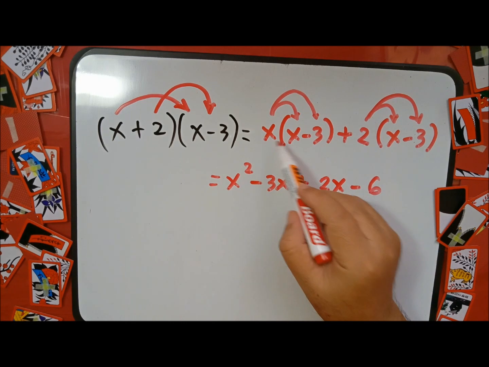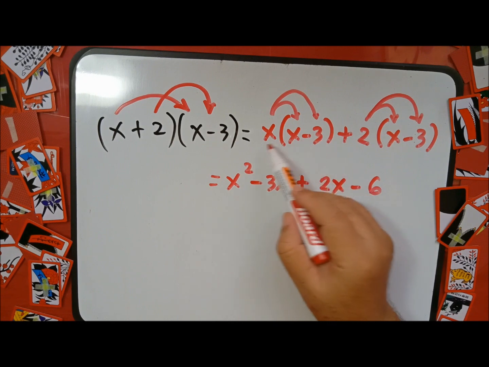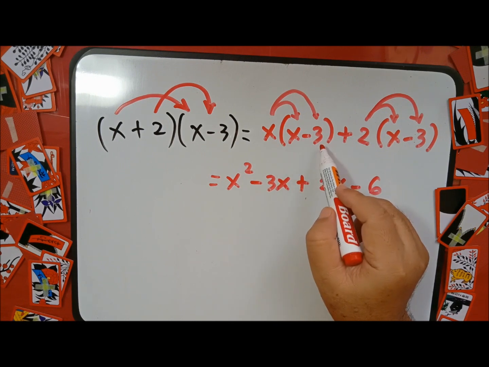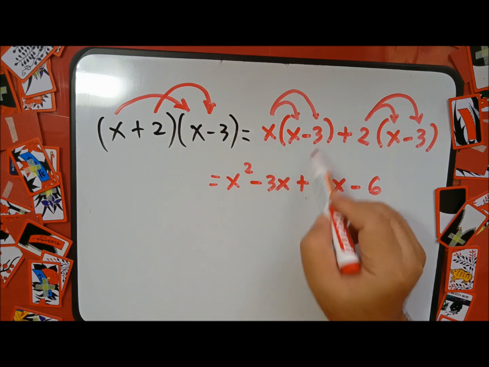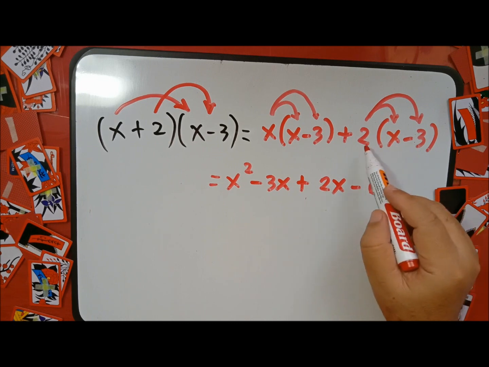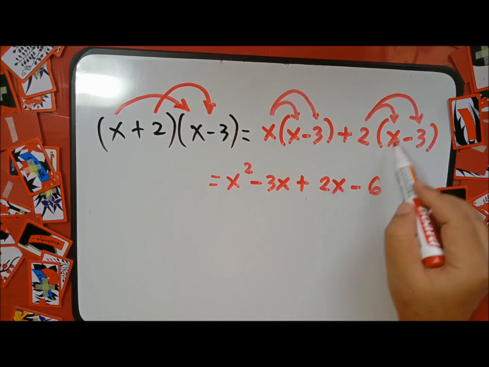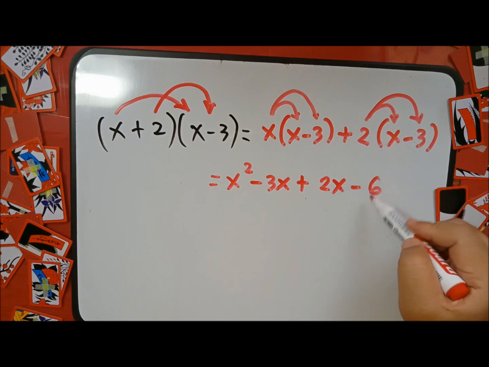Again, x times x, copy the base, add the exponent. x times negative 3, so negative 3 times 1 is negative 3. Then x, copy. There's no partner here. Then 2 times x, 2 times 1, 2. x has no partner, copy. 2 times negative 3, negative 6.